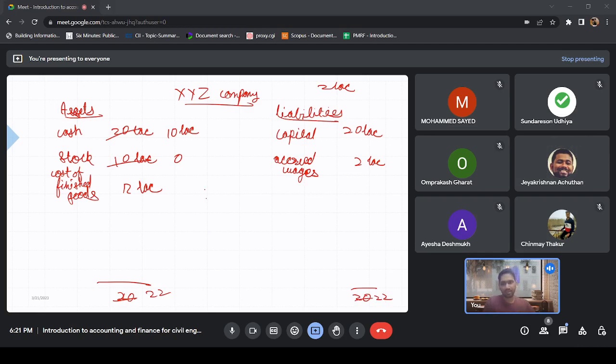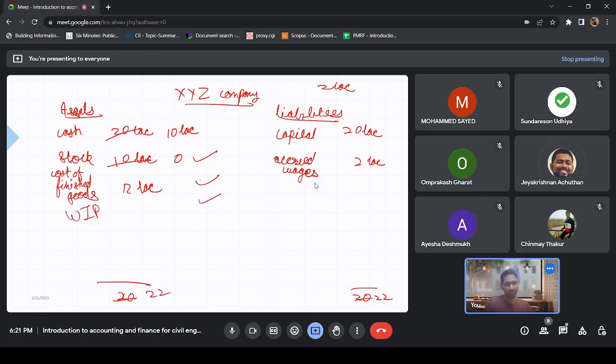So now you can see that whatever expenses are occurring for the company, in terms of buying raw material or paying for the wages, will increase your finished goods, or some overheads will again add into your work in progress or finished goods, right?